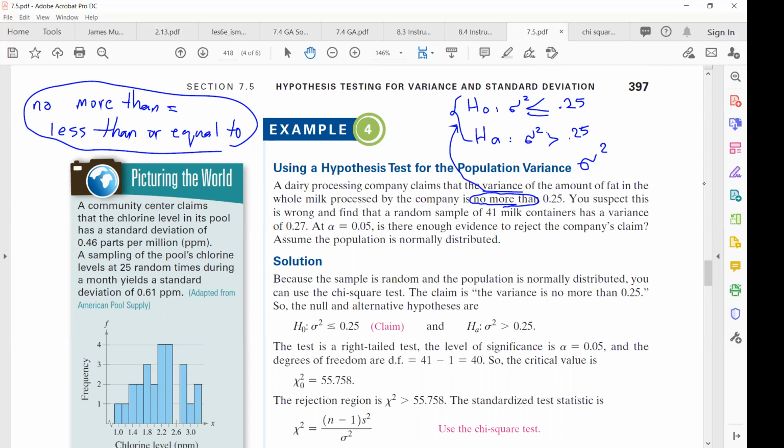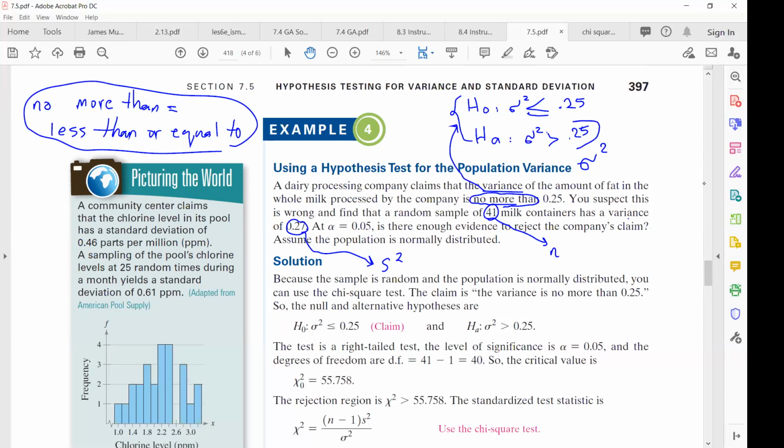You suspect this is wrong and find a random sample of 41 milk containers. 41 is your N, sample size, which has a variance of 0.27. This is the variance of the sample, which is S squared. Suppose your alpha level of significance is just 5%. Now you need to decide whether to reject or fail to reject the null hypothesis, which in this case is your claim.